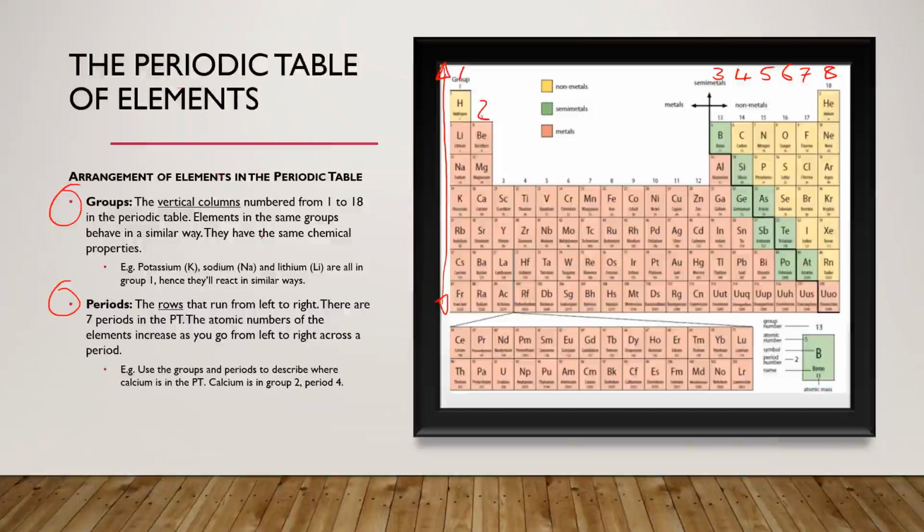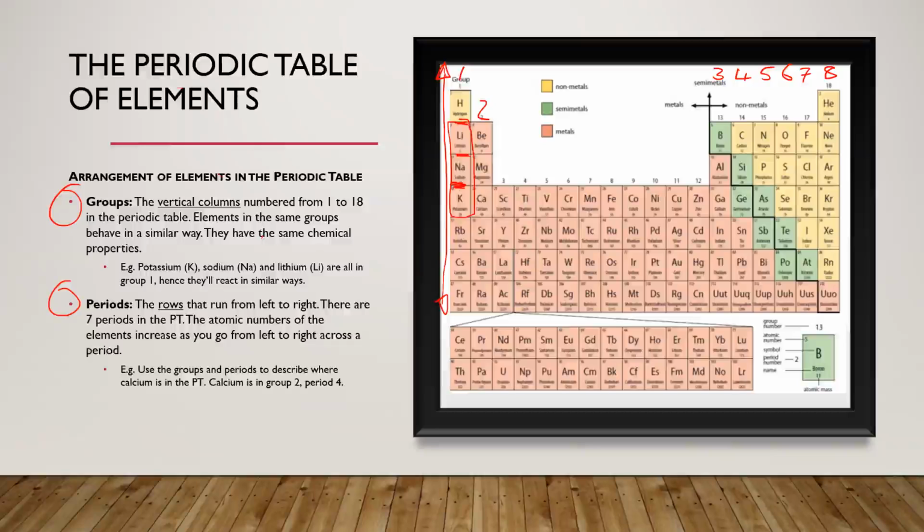Okay, so for example, in group 1, we have potassium, sodium, which is Na, and lithium, which is Li, are all in the same group, which is group 1, and hence they will react similarly. And that is okay to know because we did just say that elements in the same groups behave similarly, so we know that lithium, sodium, and potassium should behave in a similar way.